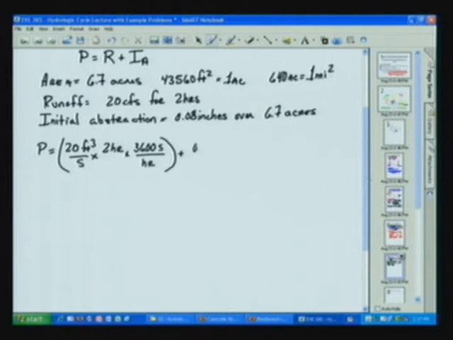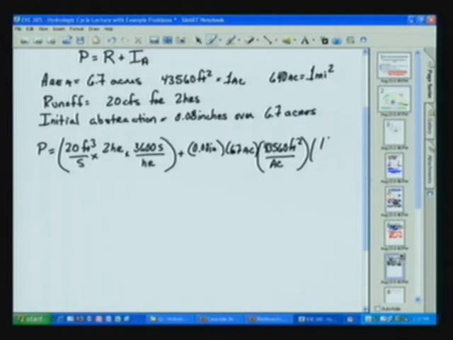Then we have 0.08 inches of depression storage times 6.7 acres times 43,560 square feet in every acre.